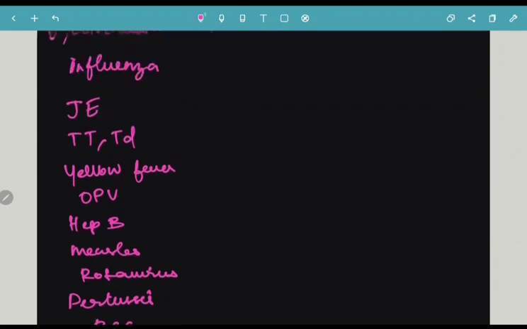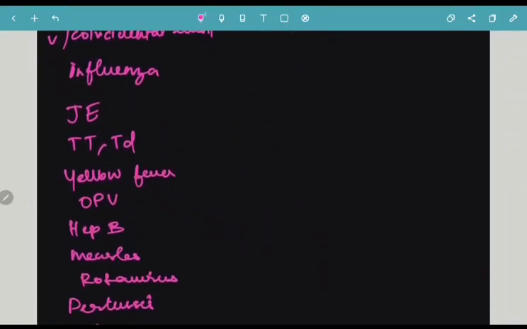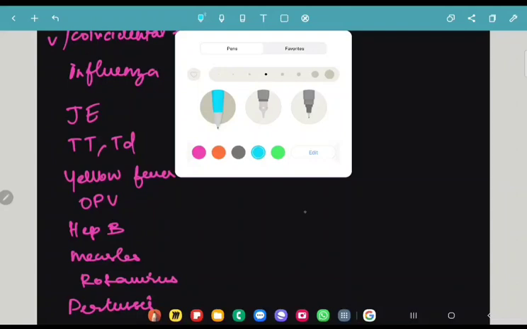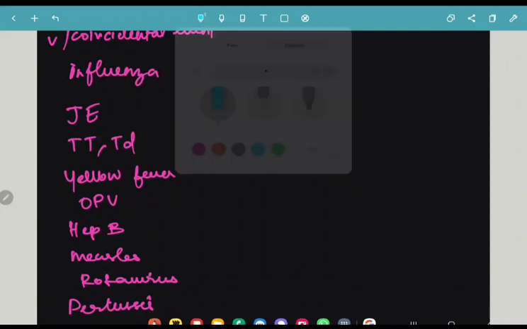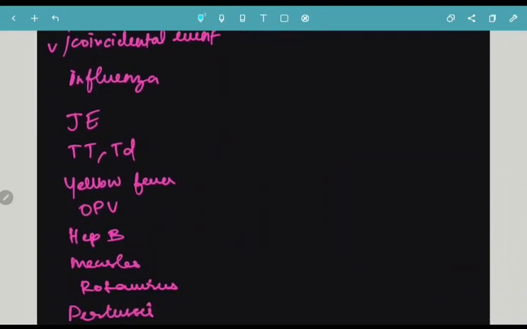Now I will be telling you the side effects of each of these vaccines, the important side effects which are generally asked in your MCQs.